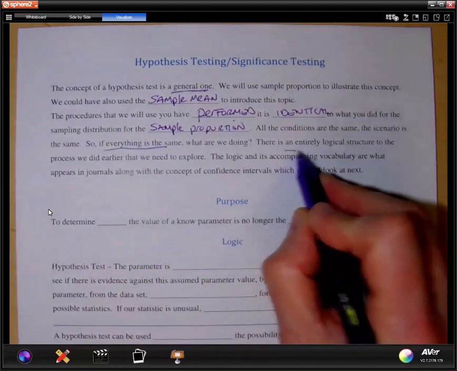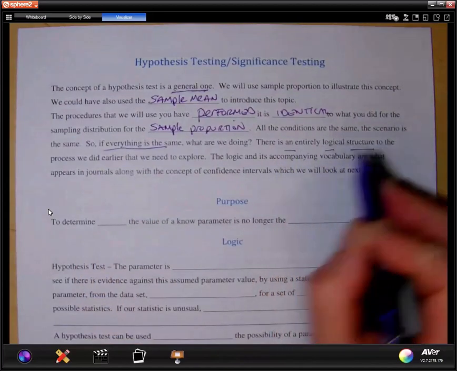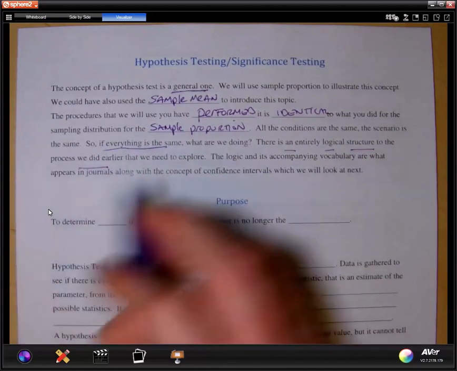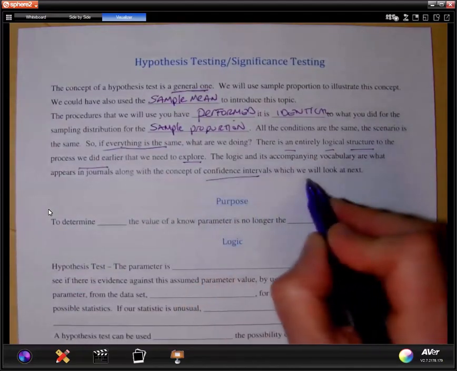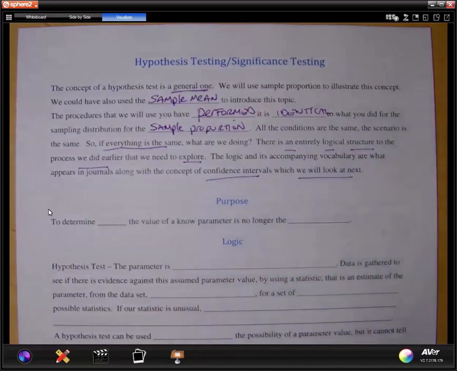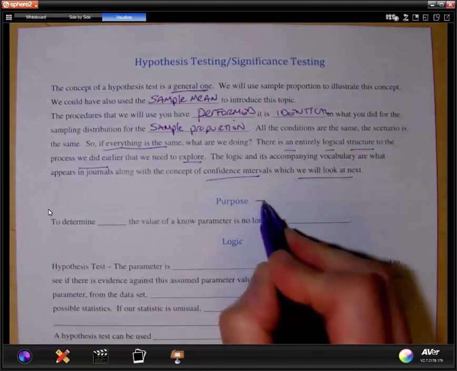So if everything's the same, what are we doing? There's an entirely logical structure to the process we did earlier that we need to explore. The logic and its accompanying vocabulary are what appears in journals, along with the concept of confidence intervals, which we will look at next. So what is the purpose?